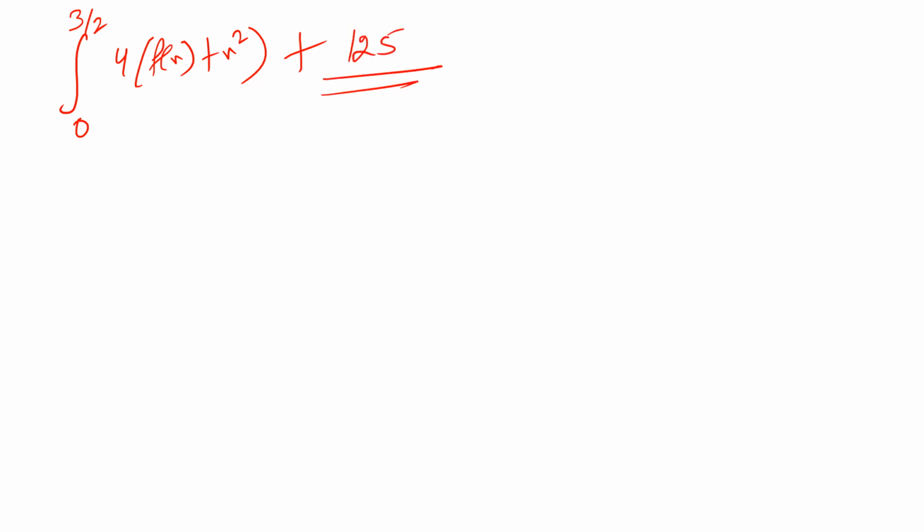Now just simplify this equation. It will become integral 0 to 3 by 2 of 4 times f(x) plus x square plus 125 divided upon under root of f(x) plus x square, dx. That 4x square part I'm taking to the right hand side.